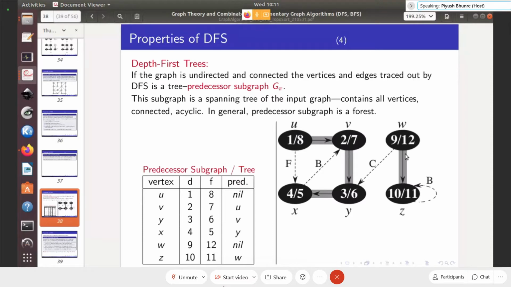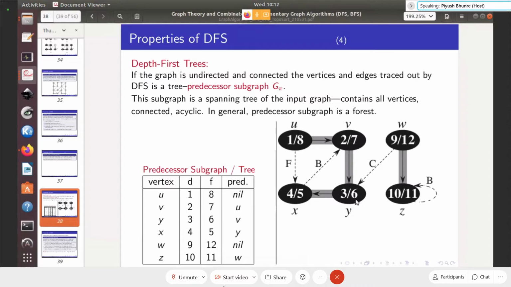That means w and z are not reachable from u, so those vertices cannot be discovered by DFS here. So another call will happen at w. The vertices reachable from u, discovered by the first call, have discovery times and finish times with certain overlaps.